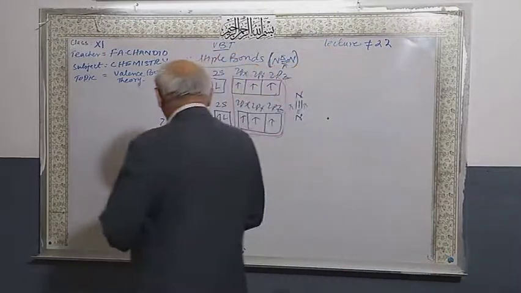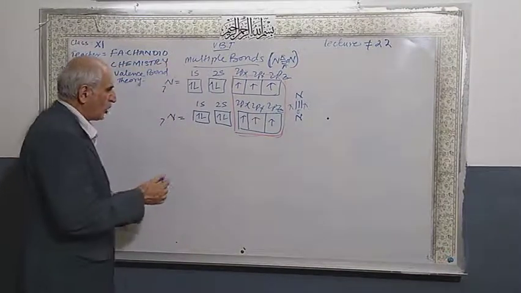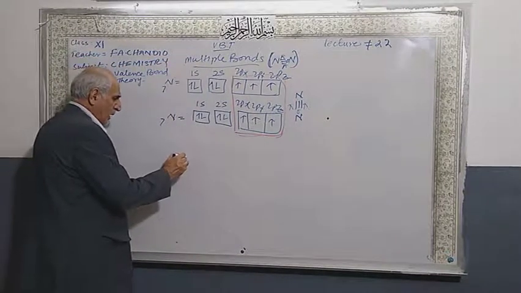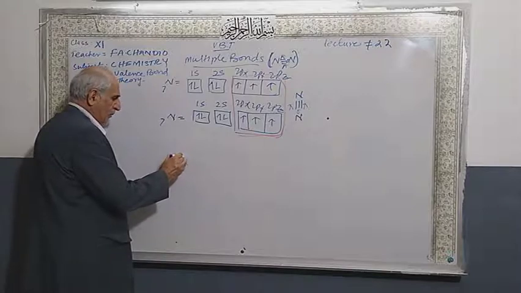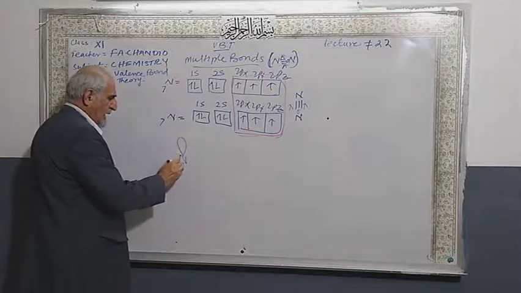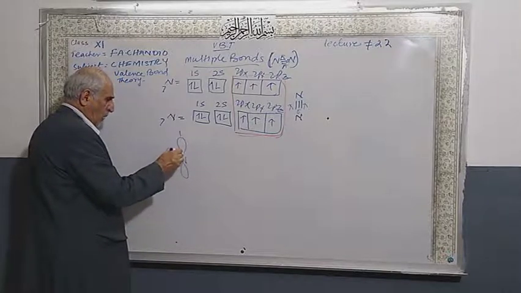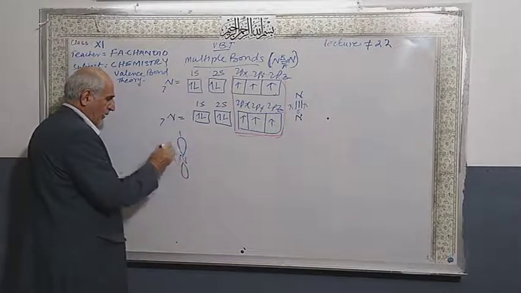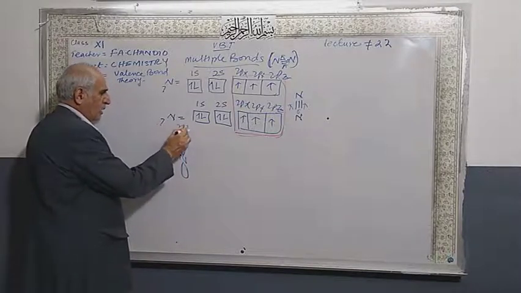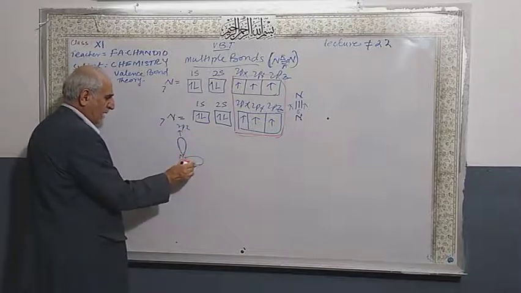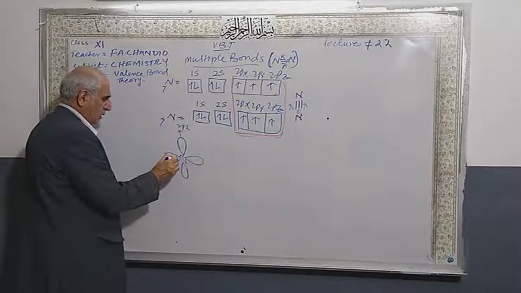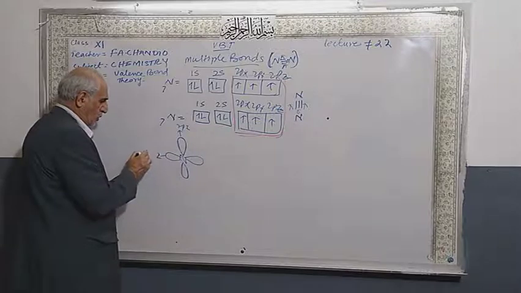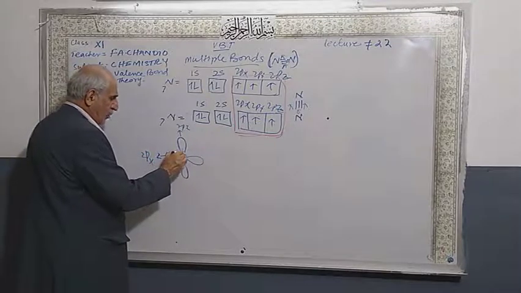So the structure I already told you for the oxygen, so same. Here is a nitrogen. This is a 2pz above and below, dumbbell shape, nitrogen atom in between. This is a 2px, and this is a 2py.